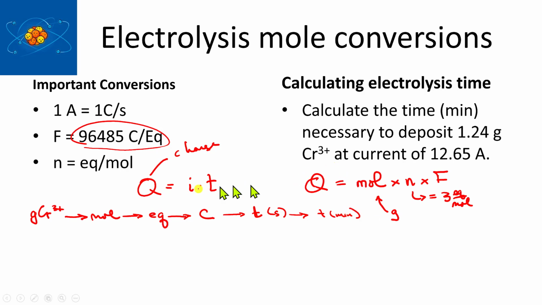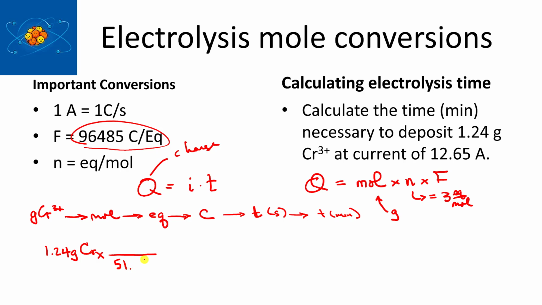I just sort of let the units tell me what to do, but the important thing to remember is you've got to know what to start with. And you're going to start with the grams of material given. So I have 1.24 grams of chromium. And so I'm going to convert that into moles. So I need the molar mass, and that's 51 from the periodic table. I don't have these things memorized.